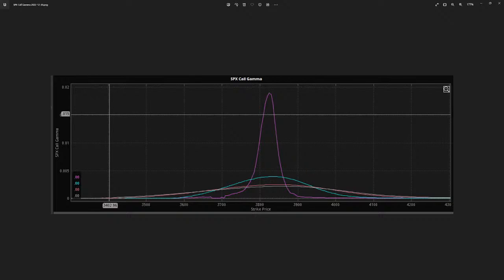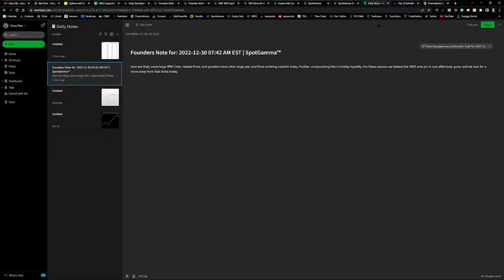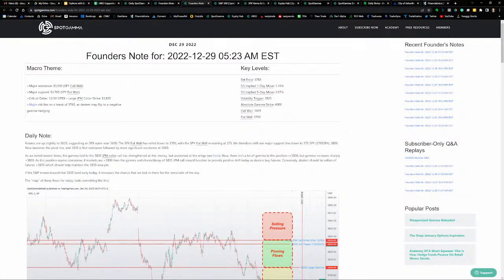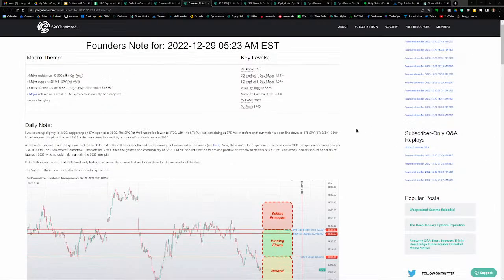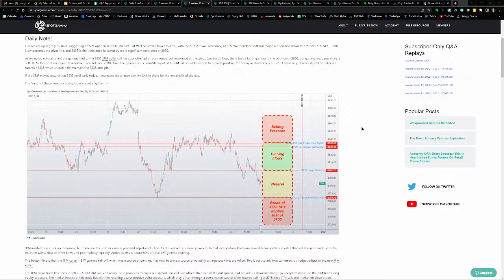So yesterday, let's go back to one thing I want to take a look at. This is from yesterday, from 12/29, the AM Founders Note for SpotGamma. And they posted this chart.